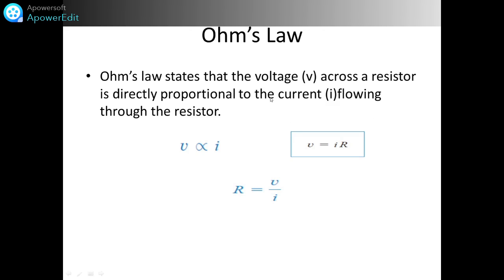So what is meant by Ohm's law? Basically, Ohm's law states that the voltage across a resistor is directly proportional to the current flowing through the resistor. The voltage across the resistor is V, and the current passing through the resistor is I. The resistor symbol is denoted like this.